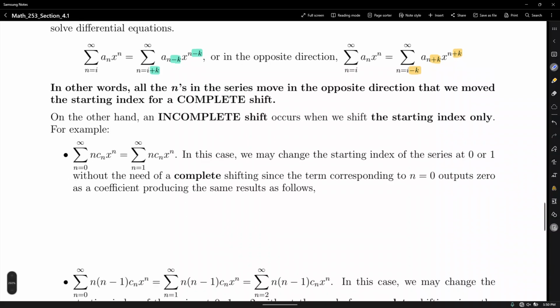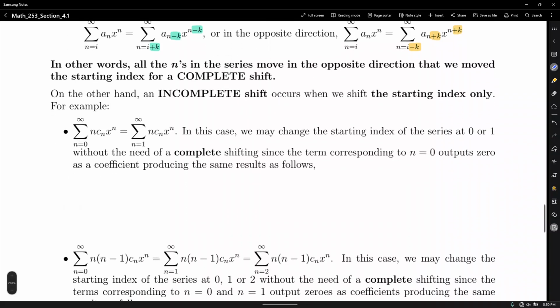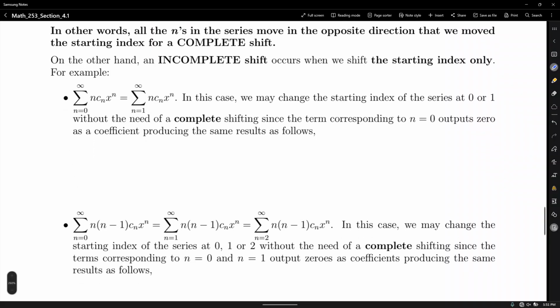Now, what about incomplete shifting, which is another kind of shifting that we may need when it comes to solving differential equations using power series? In some cases, it's possible to simply change the starting index from 0 to 1 or backwards without having to change anything in the rule, because check this series: the sum from n equals 0 to infinity of n c sub n x to the n.